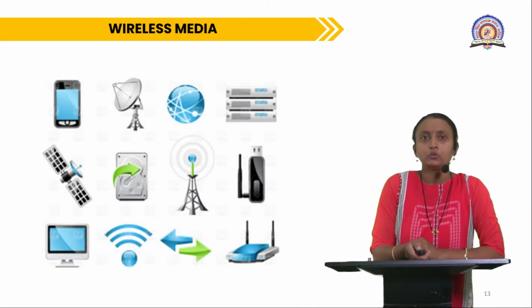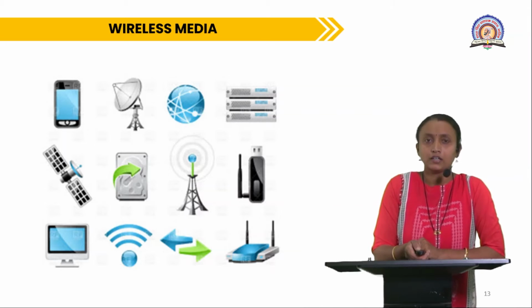Then wireless media range over the electromagnetic waves from 1 kilohertz to 900 terahertz, which are divided into three parts again. The first one is radio waves, the second one is microwave, and the third one is infrared waves. Radio waves range from 3 kilohertz to 1 gigahertz, and it is omnidirectional. The second one is the microwave, which ranges from 1 gigahertz to 300 gigahertz, and which is unidirectional.